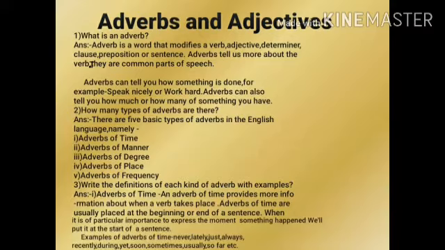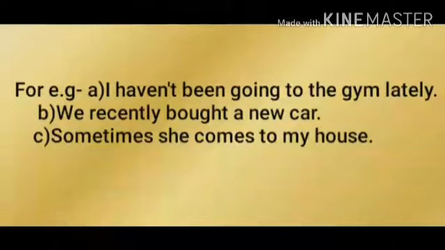Now I will show you how these adverbs of time are used in sentences. You can see students here, for example, number A, I haven't been going to the gym lately. Here lately is the adverb of time. Number B, we recently bought a new car.